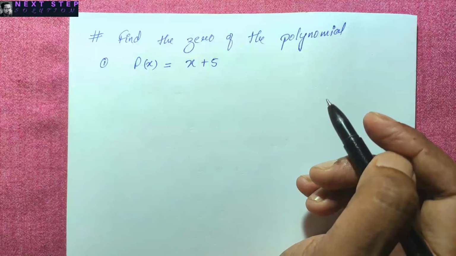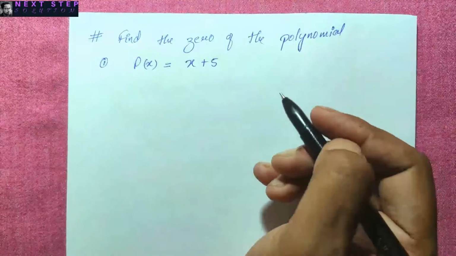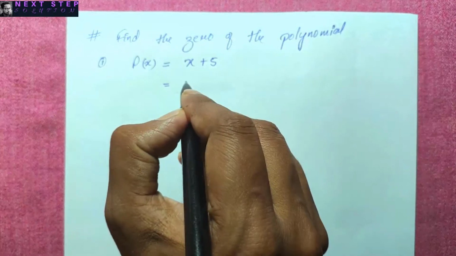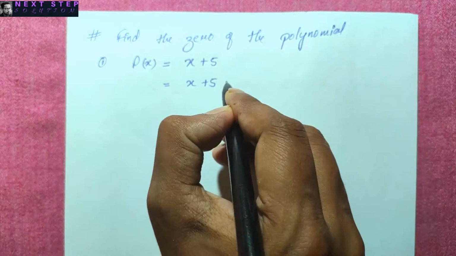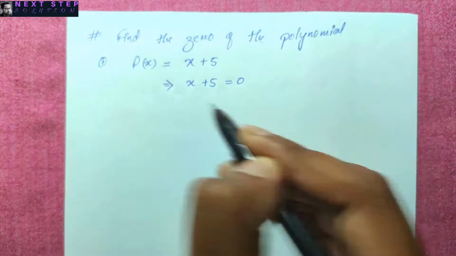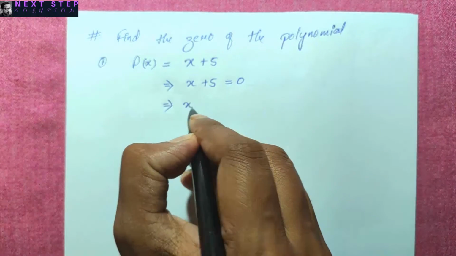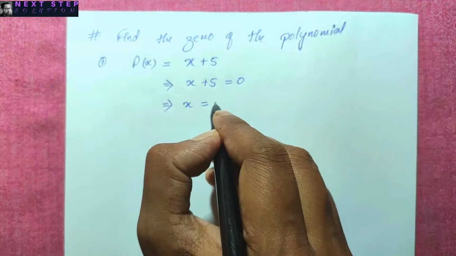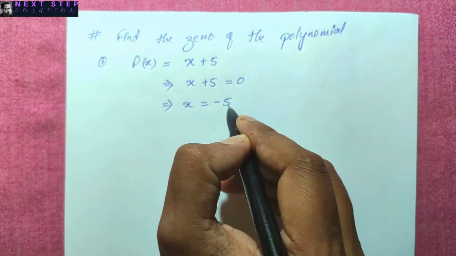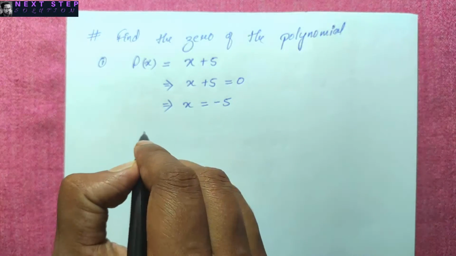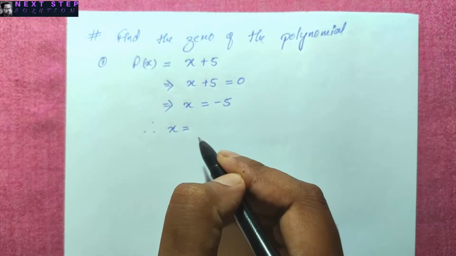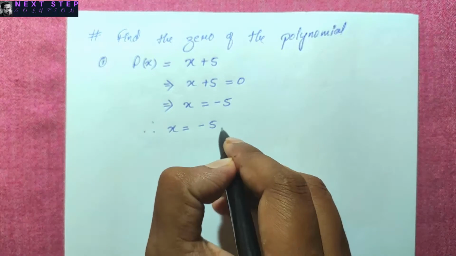That means you have to find the value of x to make it 0. So here we take x plus 5 equal to 0. Now we take this 5 to the other side. We have x is equal to 5 comes to the other side becomes minus 5. So this is the 0 of the polynomial. Therefore x equals minus 5.